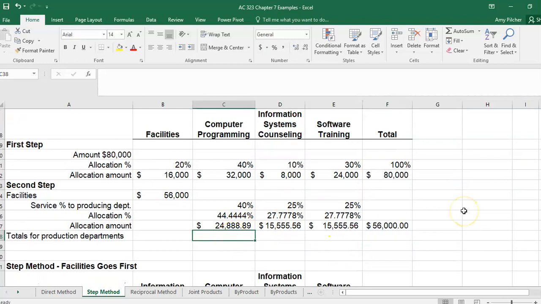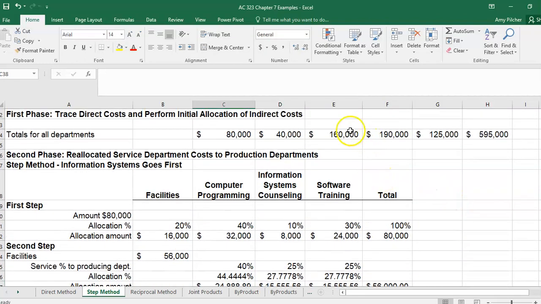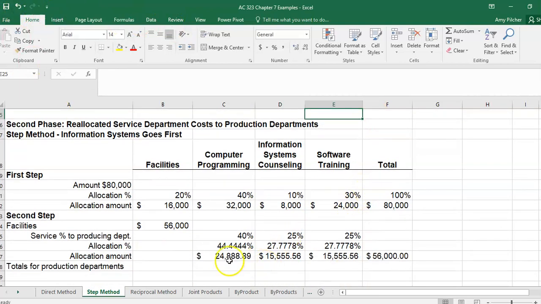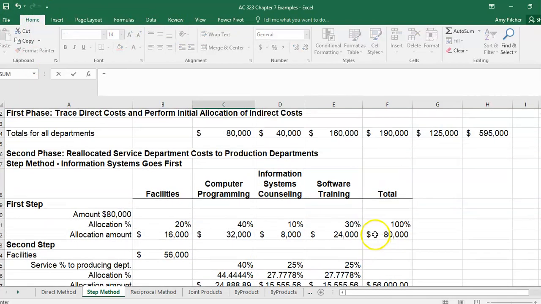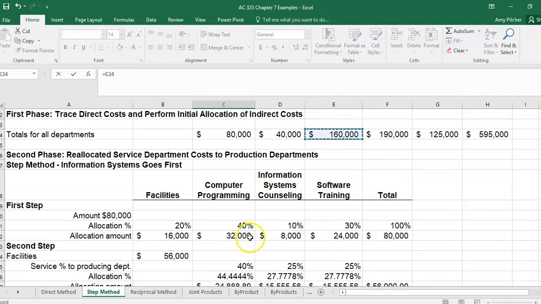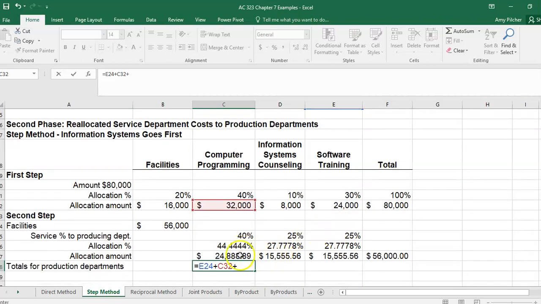Our totals for production departments then equal their amount plus what we allocated from information systems and what we allocated from facilities.